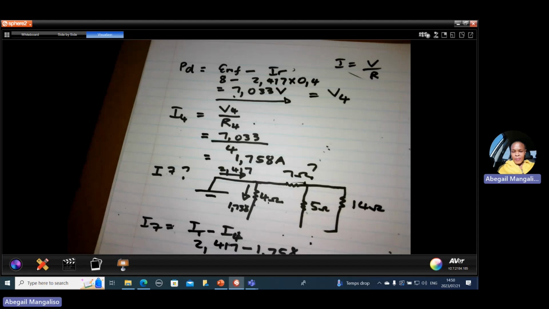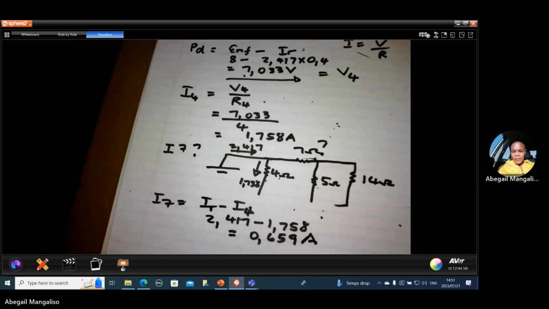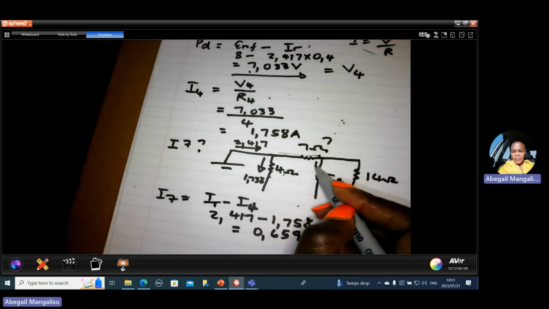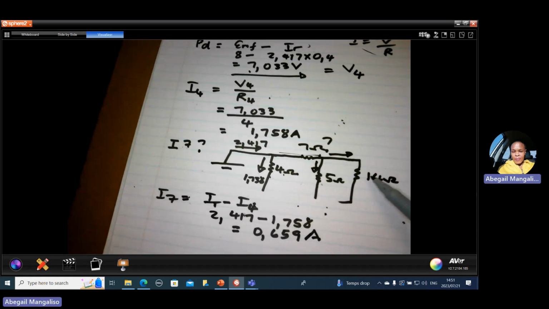The answer will be 0.659, 0.659 amps. That is I7. Now that we have I7, I7 is the current that splits there. So I7 is also the total current across this parallel connection.